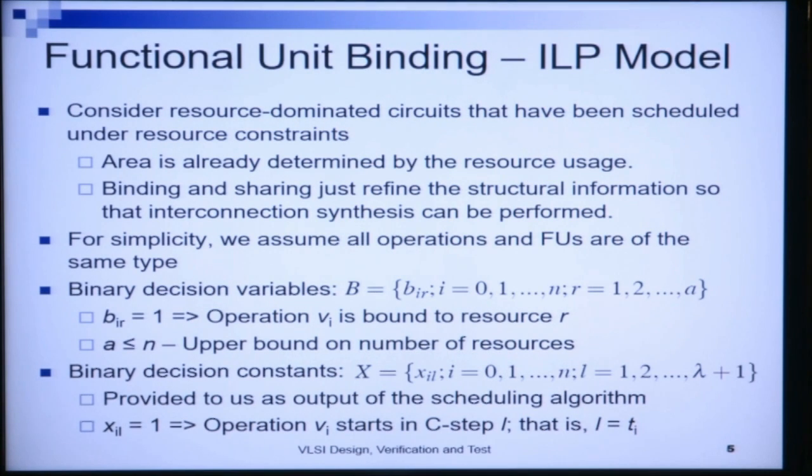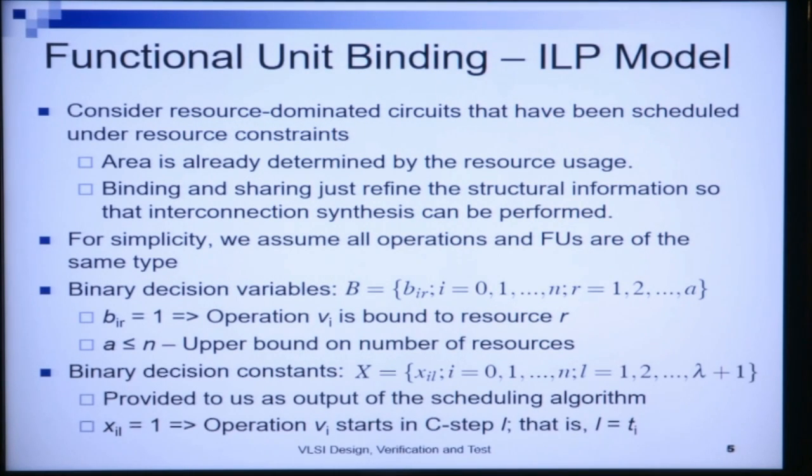Now, to start with the ILP model, again here we need to define a set of decision variables. So, what are the decision variables here? The decision variables are a set B, where it contains many decision variables of type b_ir. Now, what are these indices i and r? i goes from 1 to n, the number of operations, and r goes from 1 up to a, the number of resources.